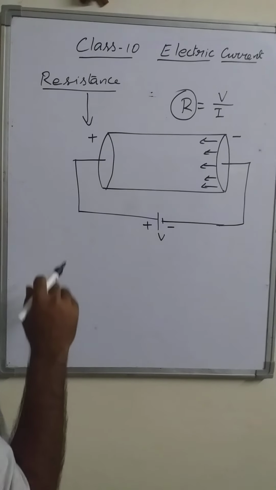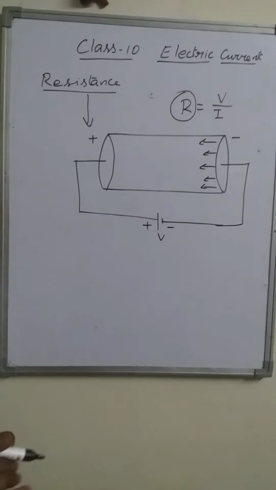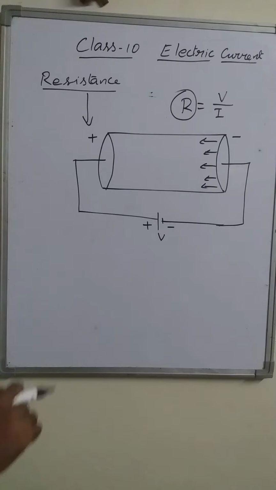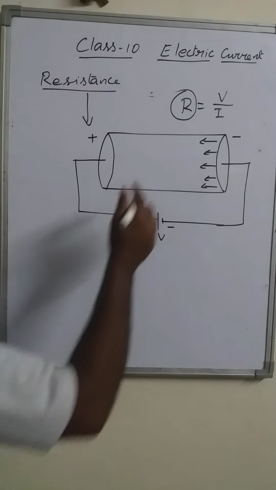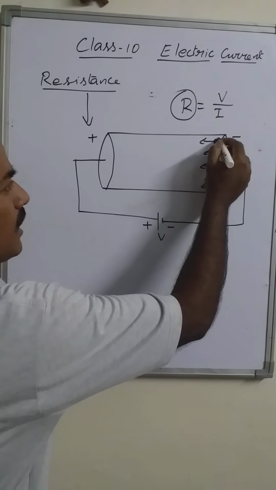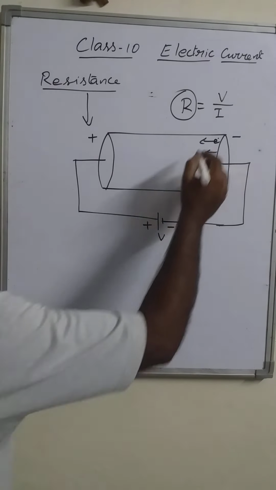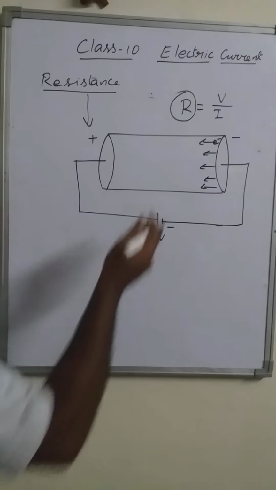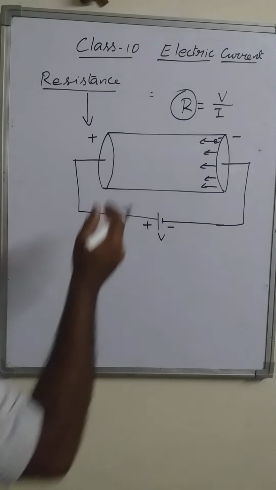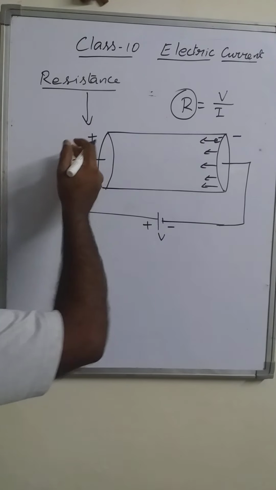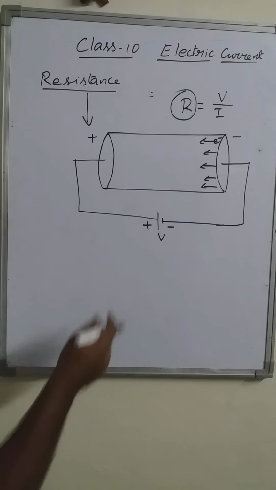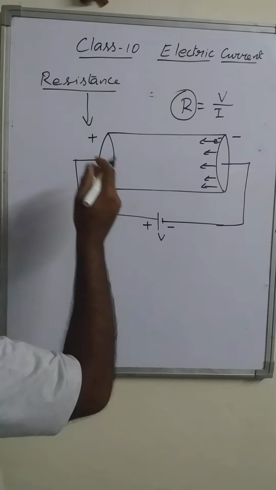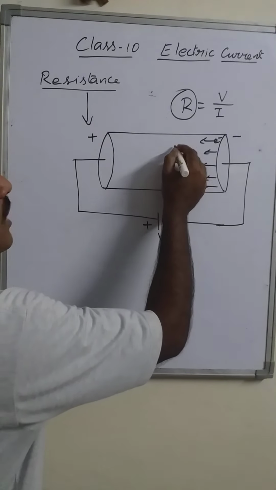One thing we must know, that inside the conductor we have both positive and negative ions. Here we are representing the electrons. While the electrons are moving from one terminal to another terminal, on their path we have a lot of positive ions also.